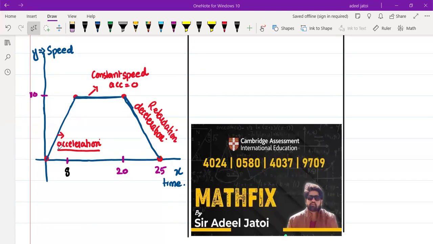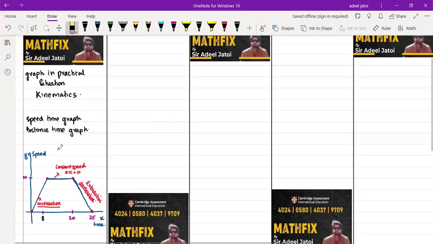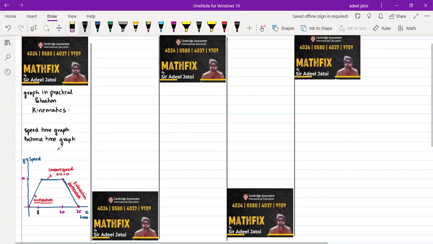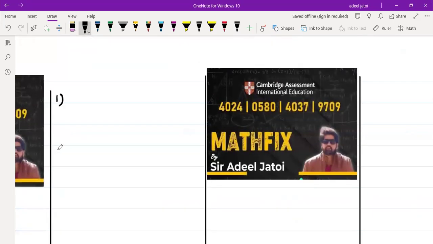So the first thing that you will be asked in your speed-time graph is to find acceleration or deceleration.